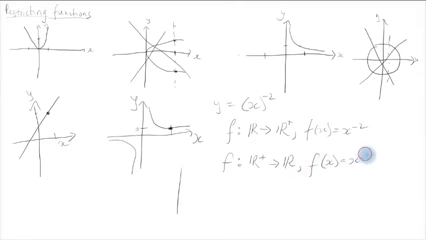So what I'm doing is I'm restricting the domain. It's no longer R, now it is R plus. Or I can write the exact same thing in this way. It goes from 0, not including 0, to infinity. It's mapped onto the real numbers.